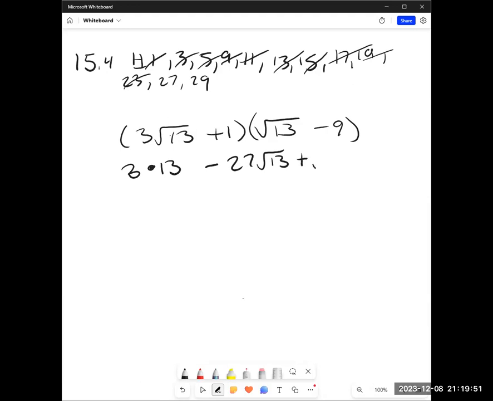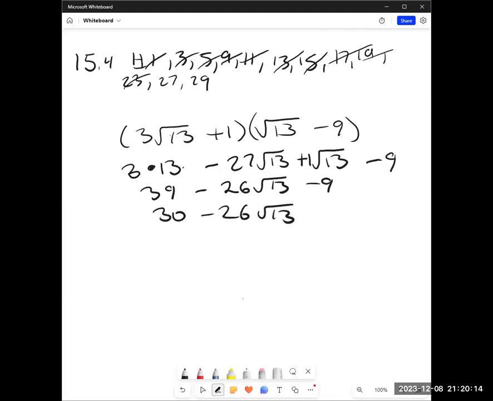Plus 1 times root 13 is root 13. 1 times negative 9 is negative 9. 3 times 13 is 39. Let's just put a 1 there. It's going to be minus 26 root 13. 39 minus 9 is 30. And we've completely simplified it because 13 is a prime number. We can't break that down anymore.